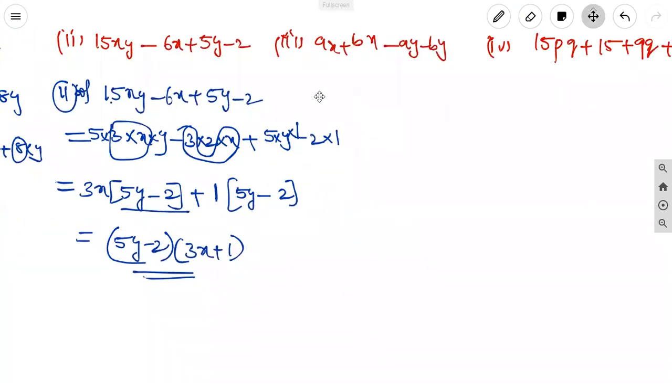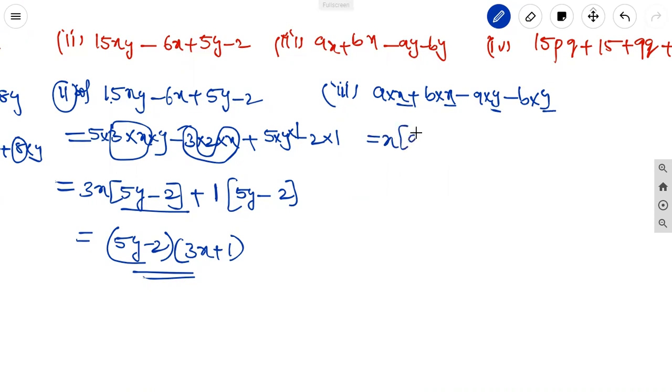Third one: ax means a into x, bx means b into x, minus a into y, minus b into y. In this, x is taken common, a plus b. In this, minus y is taken common, a plus b.